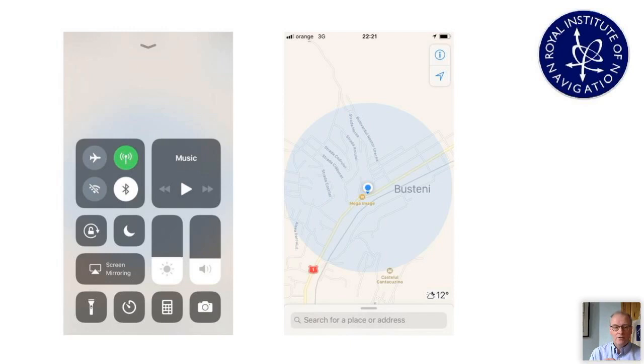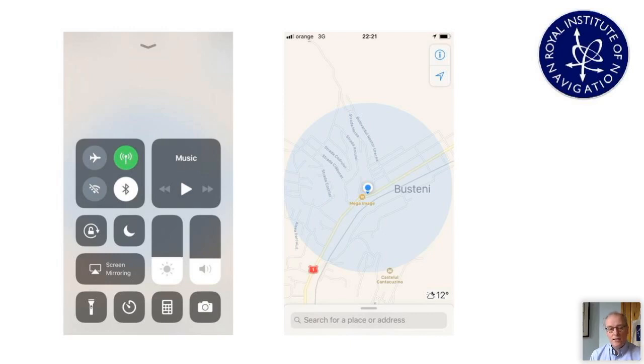And you can see that that blue dot has expanded even further. But you're still getting a position, so that availability is still good, such that when an app pings the operating system for a position report, the phone will deliver one, even though its confidence in that position may not be particularly high.